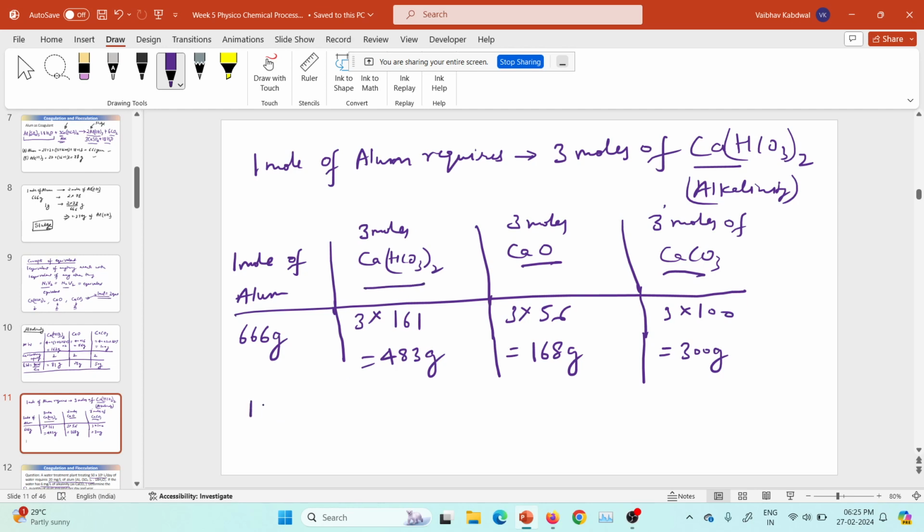So if I need to find it for 1 gram, how much will it be? 483. Let me check whether it is correct or not. Oh, it is 162 actually. So 3 into 162, 486.